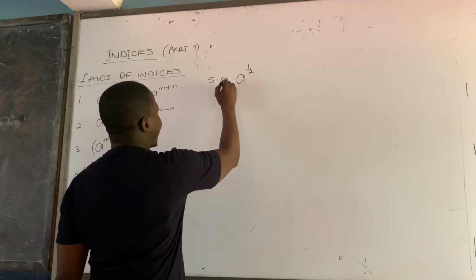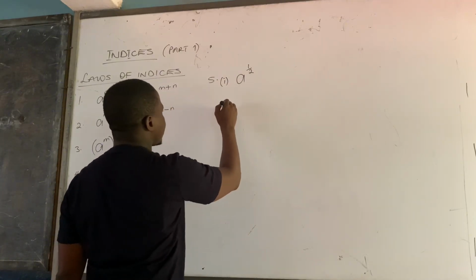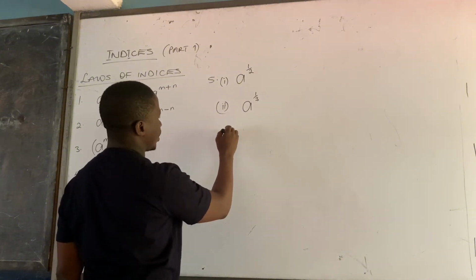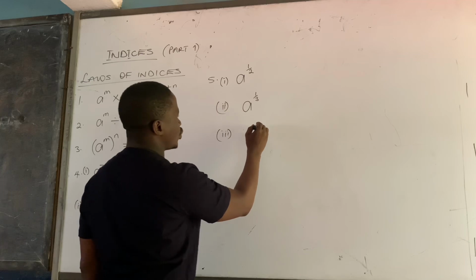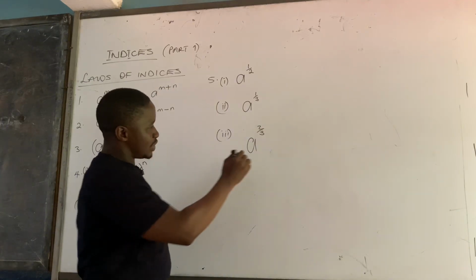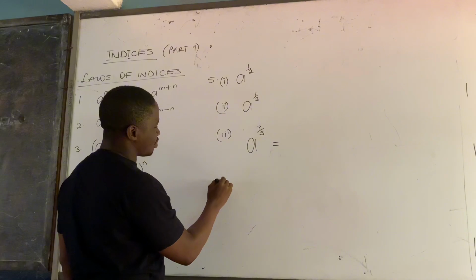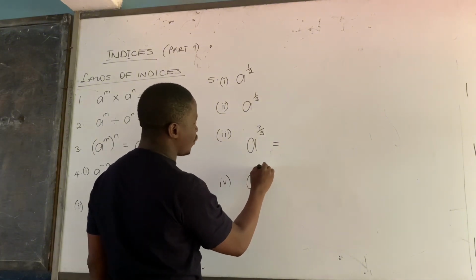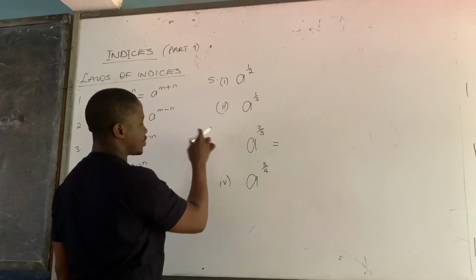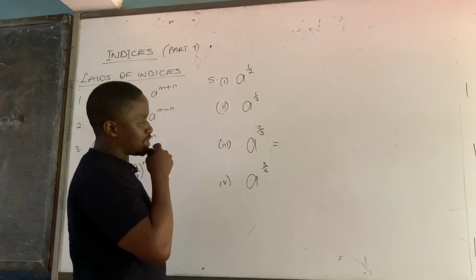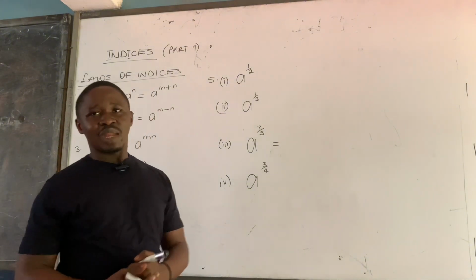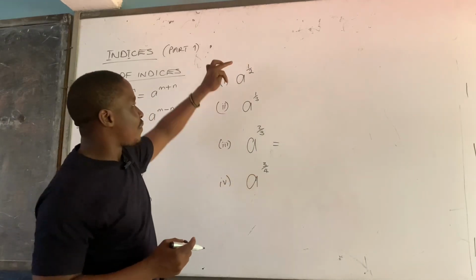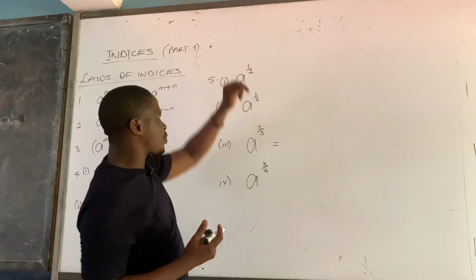So again, we have a to the power of 3, a to 2 over 3, 3 over 4. All of these are just special cases of one law. Which law? Fractional power law, fractional index law, fractional exponent law.